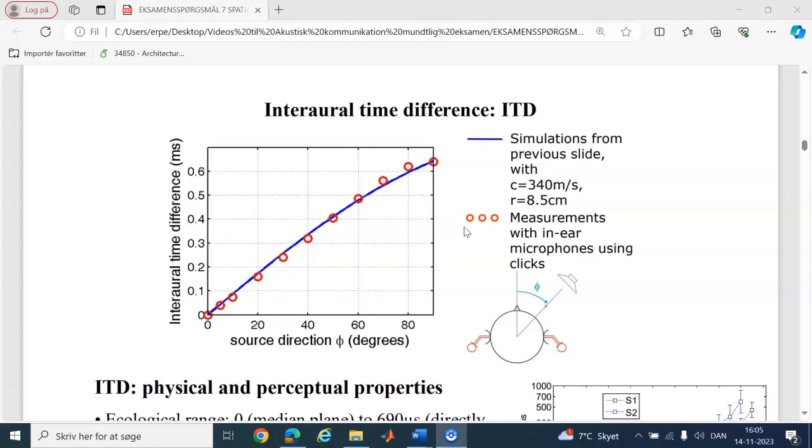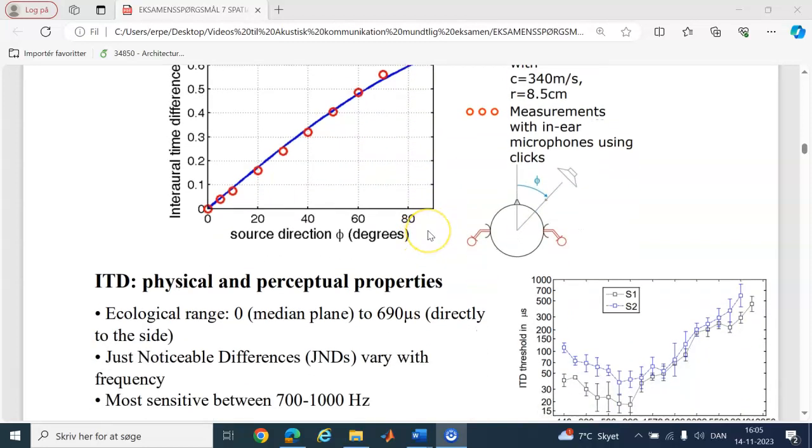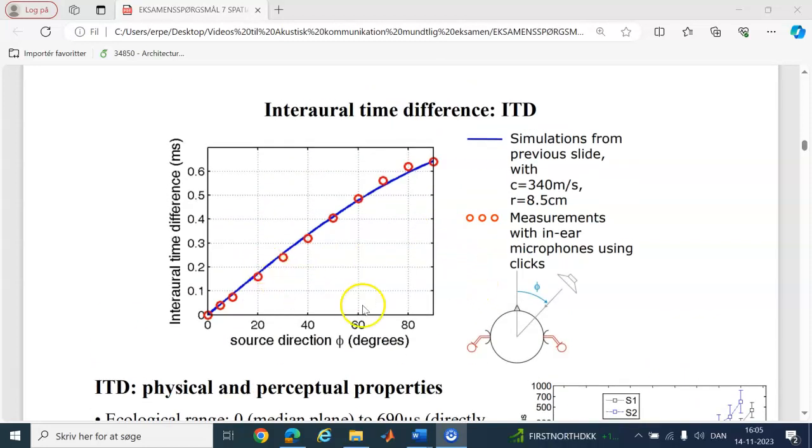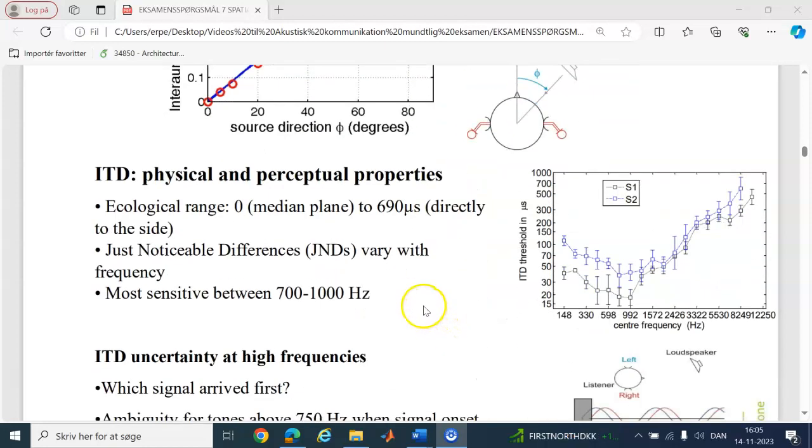If the source direction is 0, the sound is just in front of you, or behind you, there's no interaural time difference. If the source direction is 90 degrees, you have a source in front of one ear, for instance the right ear, and then a big time difference between the right ear and the left ear.